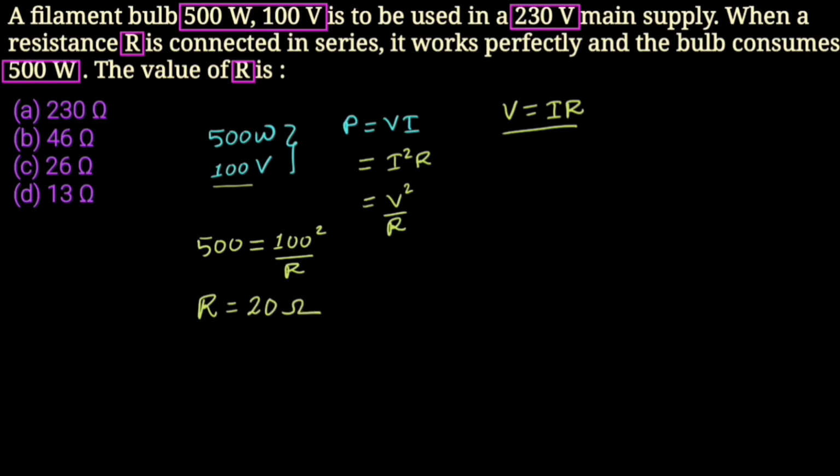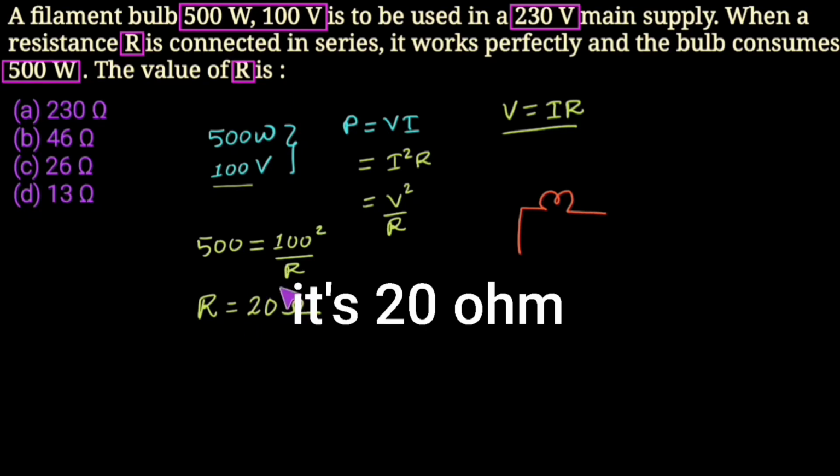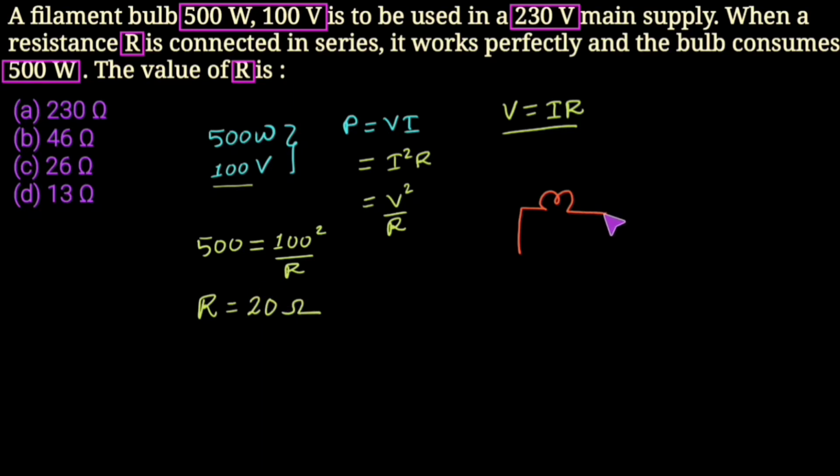Now in the question it is said that this filament bulb, which we can assume to be representing a 20 ohm resistor and nothing more than that, is connected in series with a resistance R. We connect this whole assembly across a power supply of 230 volt.